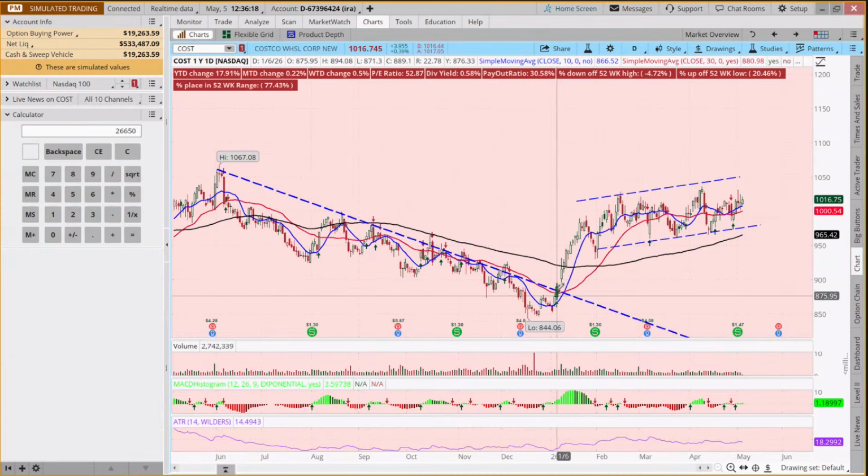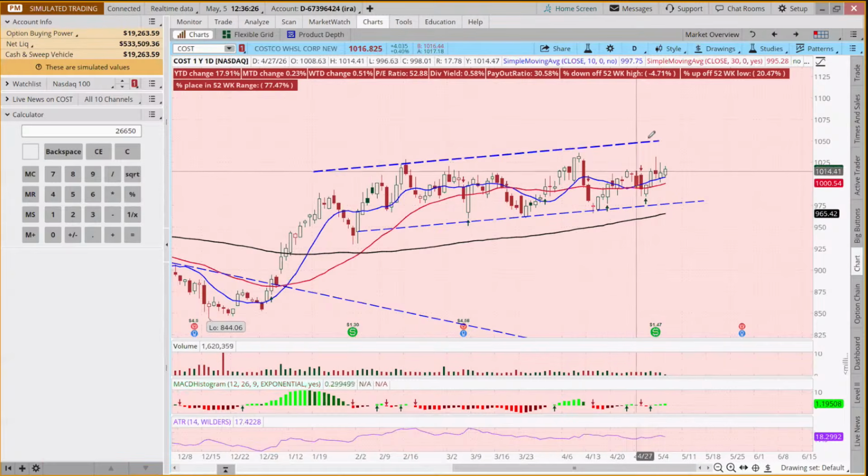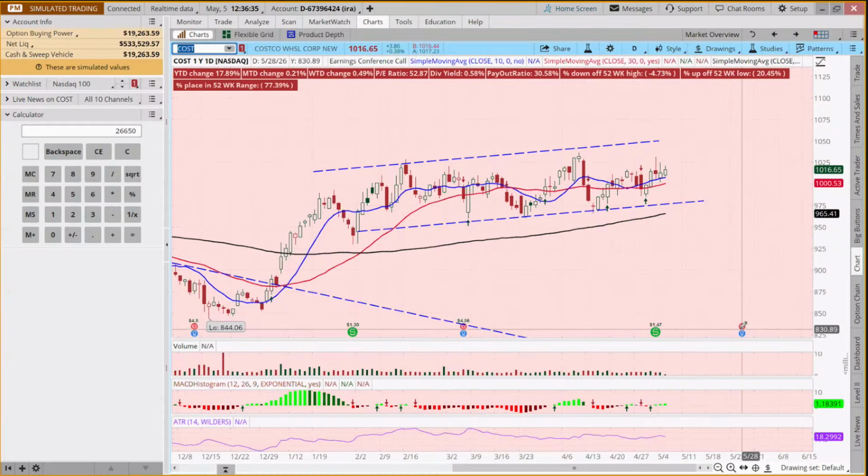It took off and it really didn't come back, did it? But now it's trading in a bit of a channel. And sometimes you just kind of draw your lines to lead the eye. But this one seems to be right now in a bit of a channel. We have earnings coming up closer to the end of May.